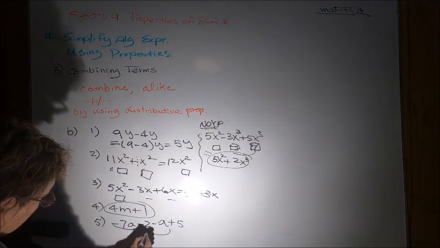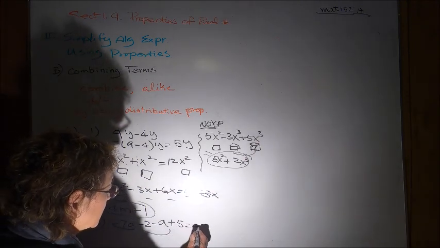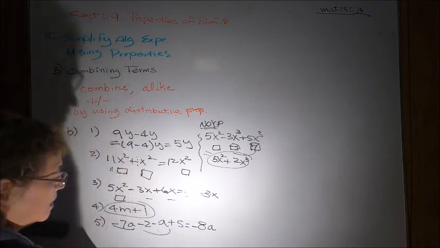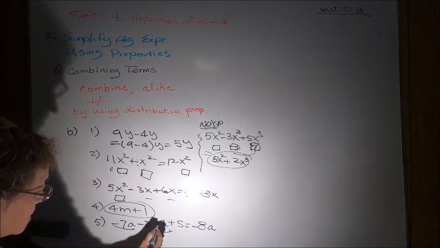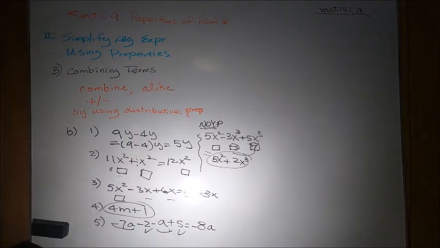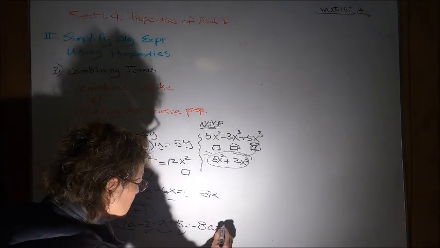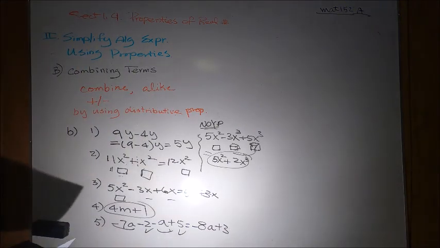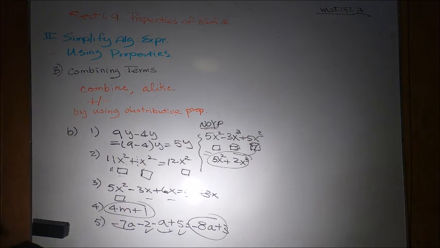A and a are like terms. Negative 7 and negative 1 will be negative 8 of a. Then numbers and numbers are alike, definitely. So 5 and negative 2, you have 3. So that would be your answer.